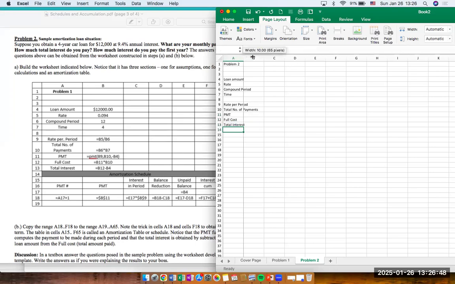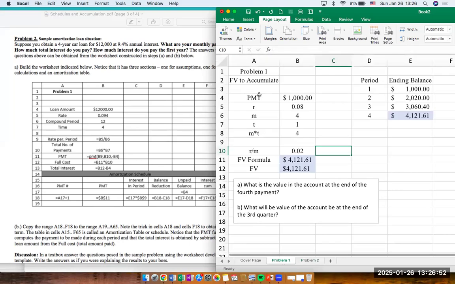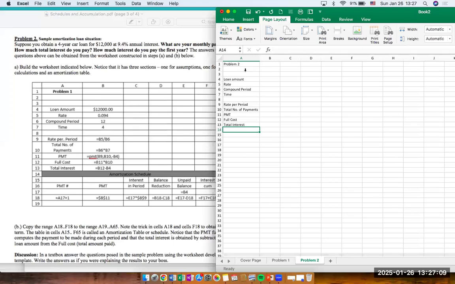Now, all of this written stuff is just all of the stuff that we had been doing before. So your deposits, your rate, your compounding period, your time, your rate per compounding period, your total number of payments, your full cost, that sort of thing. And all that is that it's just kind of written out versus given some sort of a little formula. So let's go ahead and enter in what we have so far.